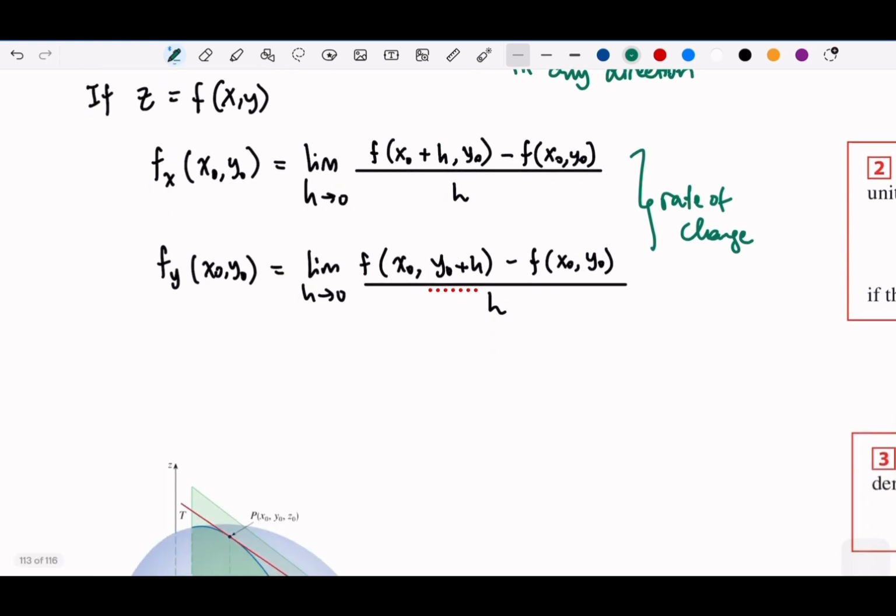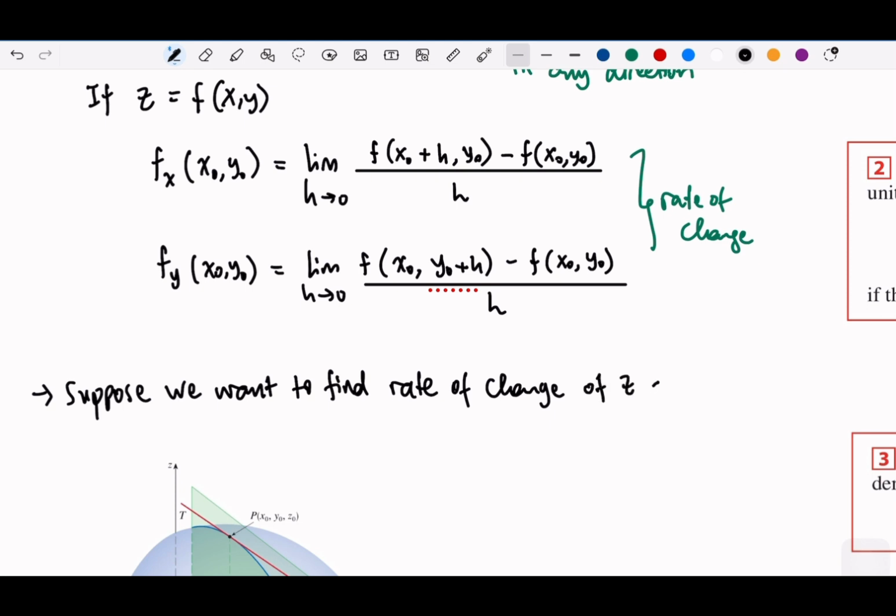Okay, now suppose we want to find the rate of change of z at some point in the direction of unit vector u.